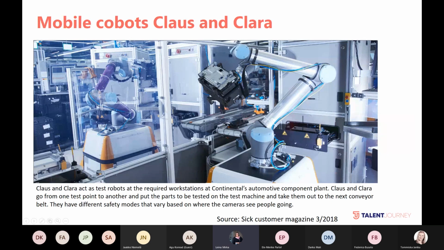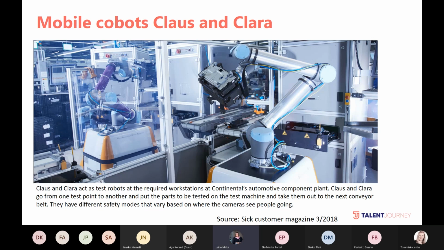Here's an example I took from SICK. You know SICK, the large multinational company. This example is about so-called mobile cobots. So these mobile cobots, Klaus and Clara, work at Continental's auto parts plant in Germany.